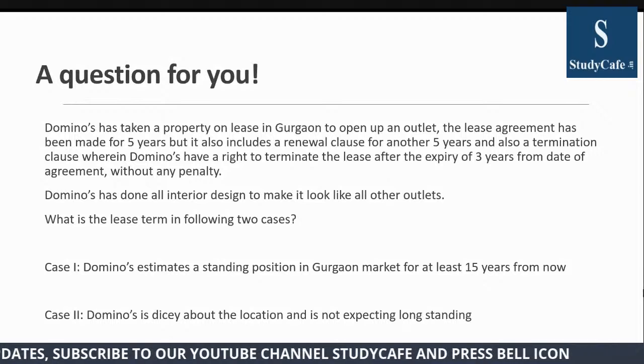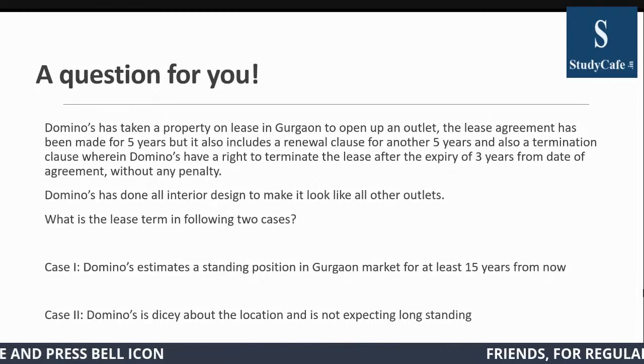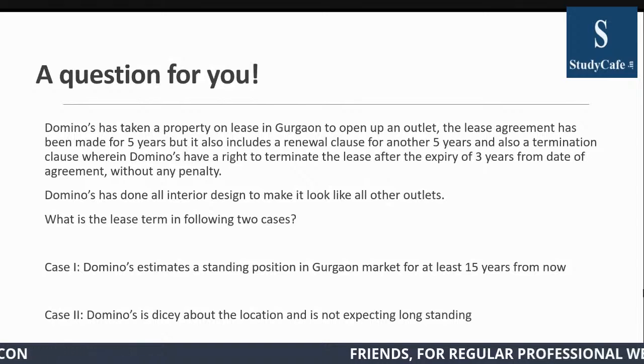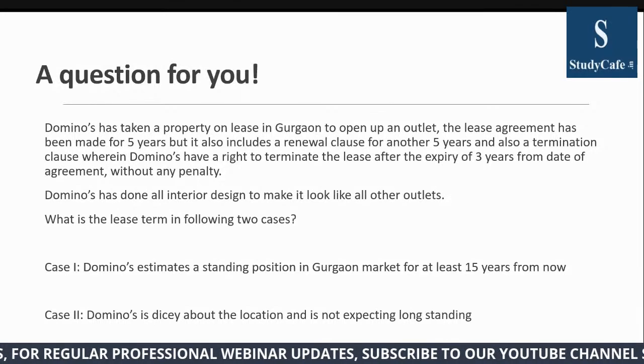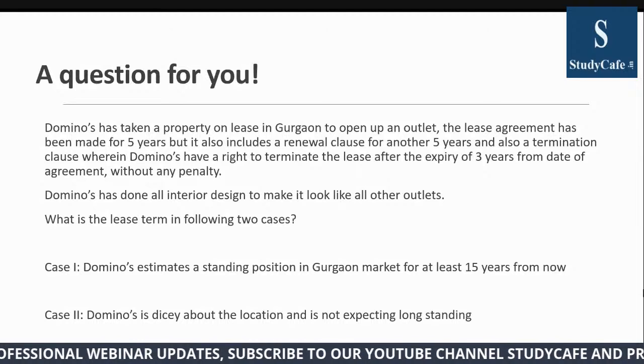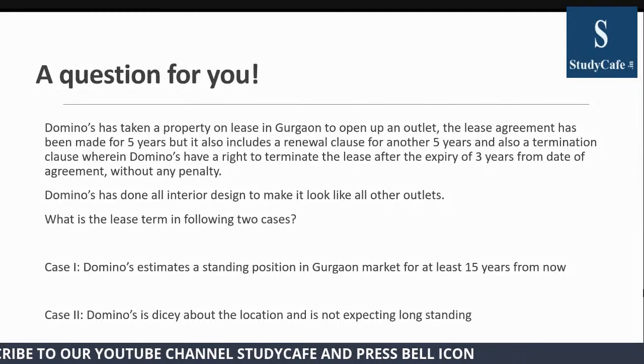So in this case, we can say that Domino's will renew their agreement, and it will be for at least 10 years, because that is what the agreement has been made for. So 5 plus 5, 10 years will be the lease term in case 1. And in case 2, Domino's is dicey about the location and is not expecting a long stay.